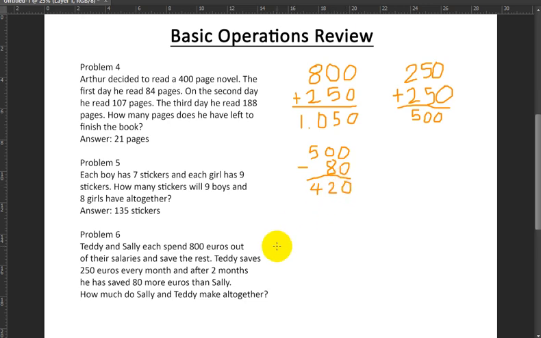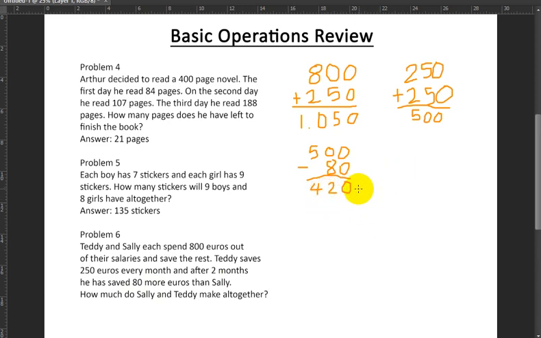So after 2 months, Sally has saved 420 euros. Because that's what 80 fewer euros than 500 is. That's what the problem says. After 2 months, Teddy has saved 80 more euros than Sally. So Sally must have saved 420, right?